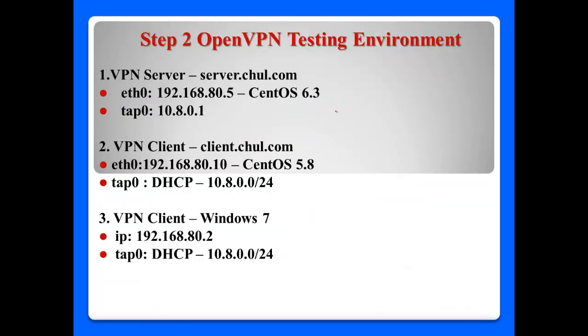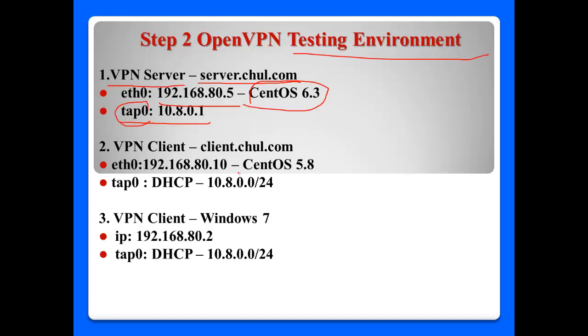For this video, I already implemented the testing environment. The VPN server has this hostname and IP address, and the distribution is CentOS 6.3. If we are successful in configuring the VPN service for this server, then it will have this IP address, and the interface will be tap0.